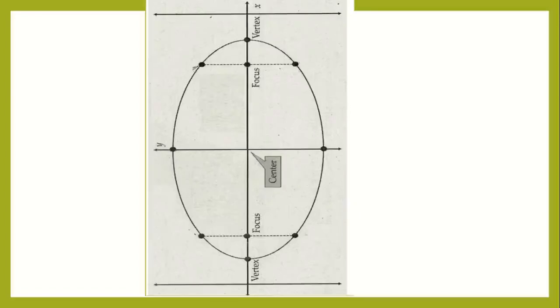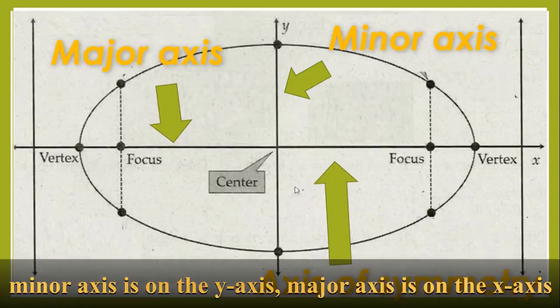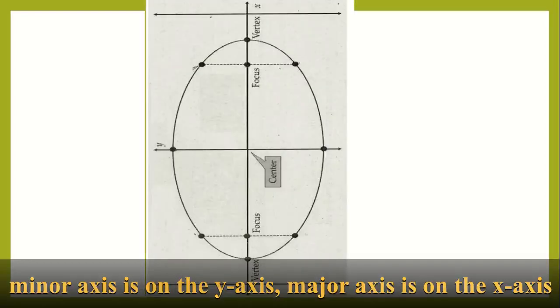Depende pa yon kung yung ating ellipse ay vertical or horizontal. Okay? Yung kanina, we have horizontal ellipse, meaning the major axis is parallel or along the x-axis, and the minor axis parallel sa y-axis. Kapag naka-vertical yung ating ellipse, mababaliktad. Okay?